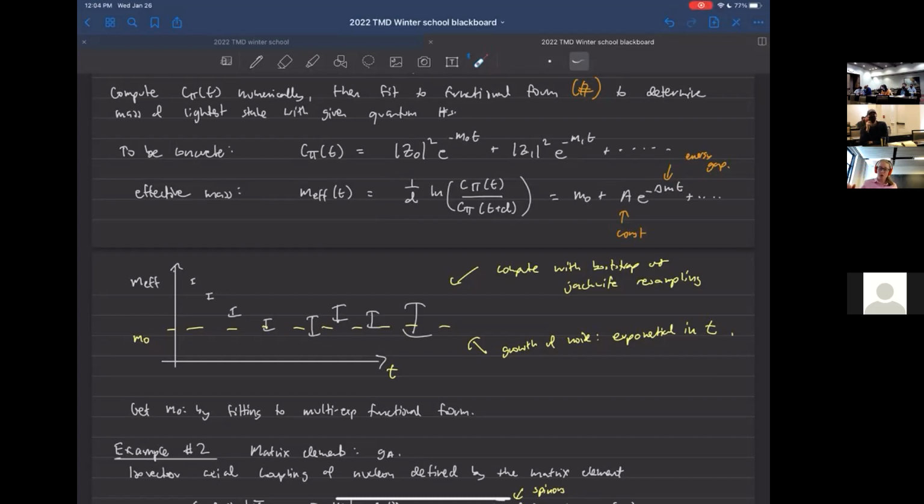No, so this entire process is done for one fixed set of parameters. You choose your quark masses, you choose your volume, you choose your coupling, and then you do this whole thing and you get out this M. But then you can do the whole thing again for a different set of quark masses.